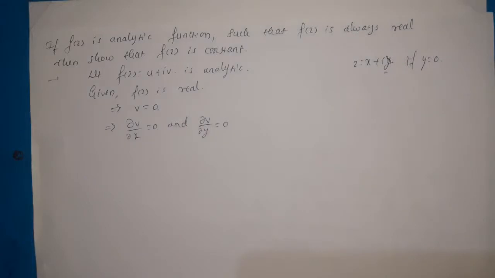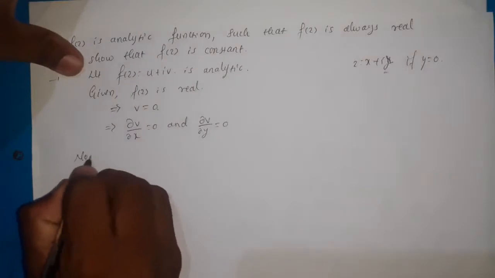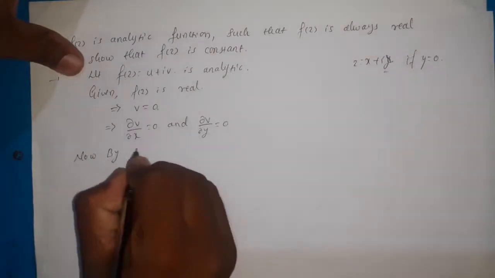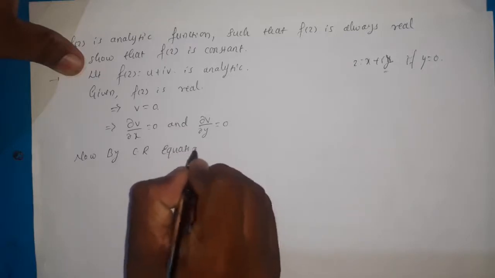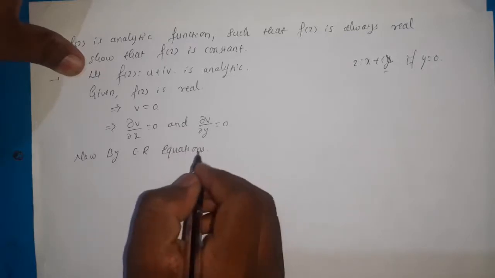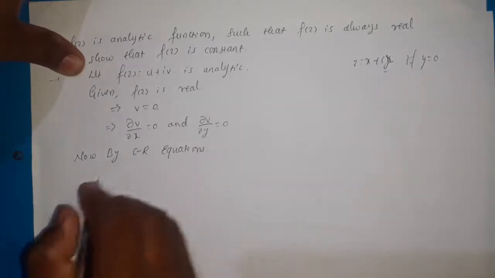Since the function itself is 0, its derivatives are also equal to 0. And now by CR equations, because the function is analytic, hence the CR equations are satisfied. So therefore we can use the CR equations here.